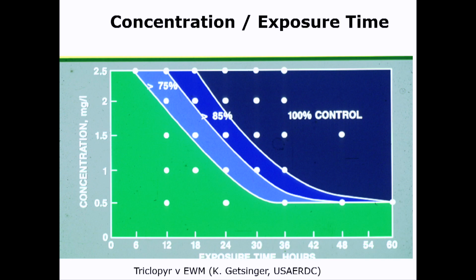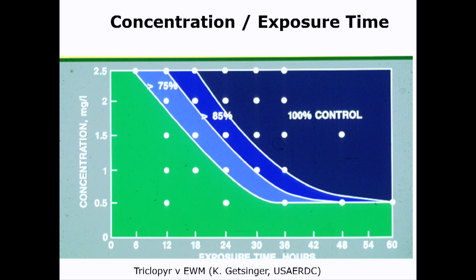And at 2.5, we can get 100% control at about 18 hours, if I can see that from this angle. But if we have, say, 36 hours of exposure time, a place where there's not a lot of water exchange, we can get control with 1 milligram per liter of triclopyr. So you can vary that to get some selectivity or to save money on how much herbicide you put in.